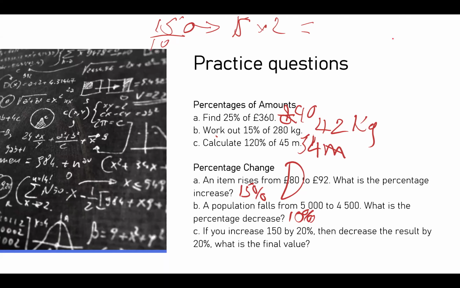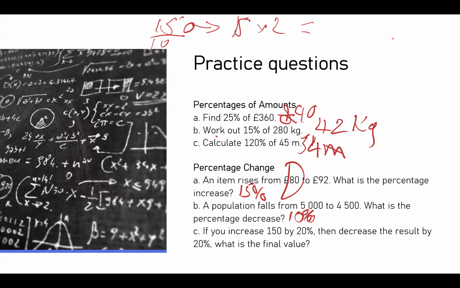180. Now to find out if we decrease that by 20%, all we do is find out 10%, which is 180 divided by 10, it equals 18. Then we find out 20%, which is multiplied by 2, which is 36.